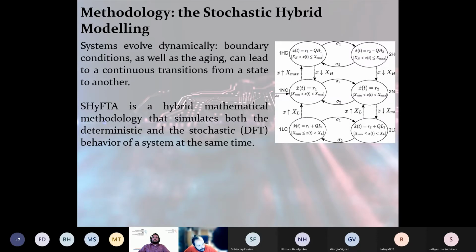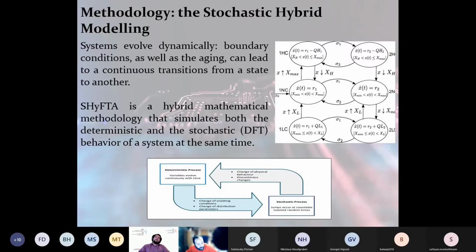A stochastic hybrid automaton is a complex model that embeds both continuous and discrete states, in the stochastic and in the deterministic level. Okay, so the combination of these two types of states creates a very complex and at the same time powerful modeling tool.